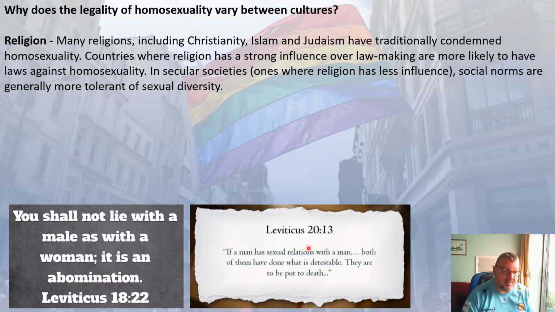And then again, this causes more problems because apparently both should be put to death. So the opinion is divided as to whether young boy is correct or not, but I thought I might mention it to you. What is interesting, once again, is that it's only male homosexuality that is condemned.